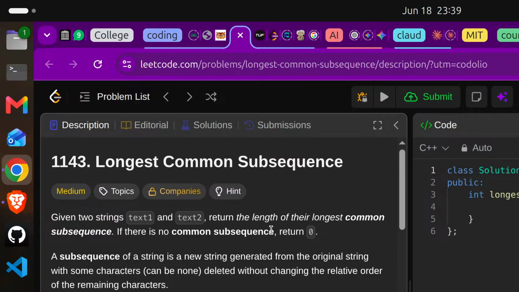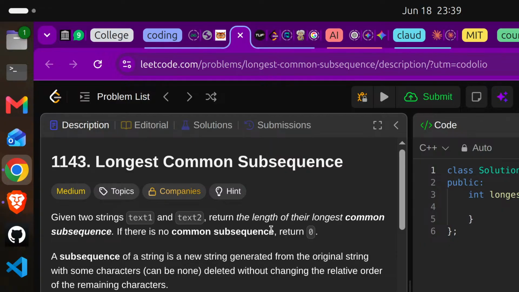Dp of i comma j is equal to. Okay, that will be very good. Alright. Okay, just to do the initialization, right, guys? And plus 1 comma 0, right?